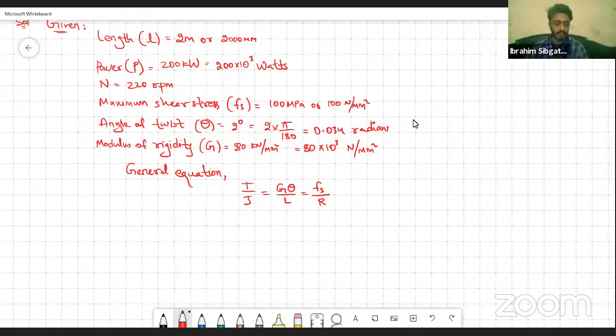Okay, two different cases. So in the first case, we will calculate the diameter using strength consideration.